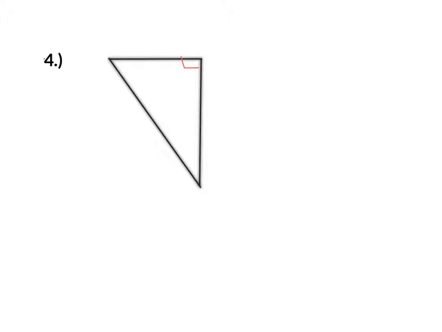Okay, so once again, we're given a couple sides here, and in this case, we're given that this top side is 6.3. We're given that this is 15.4, and we don't know side X. Like we've done in every single problem so far, we need to label our sides.